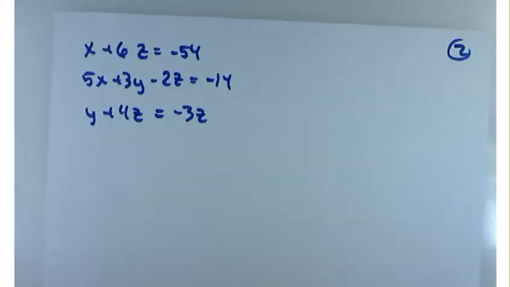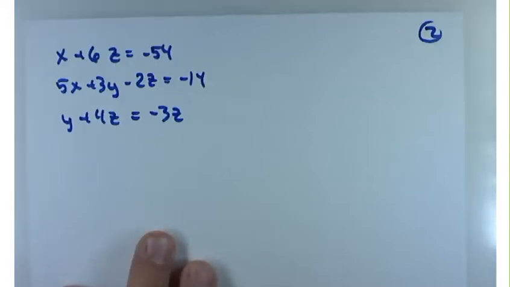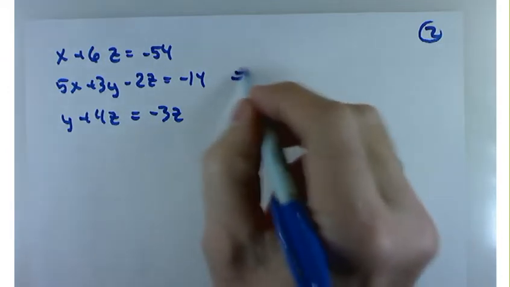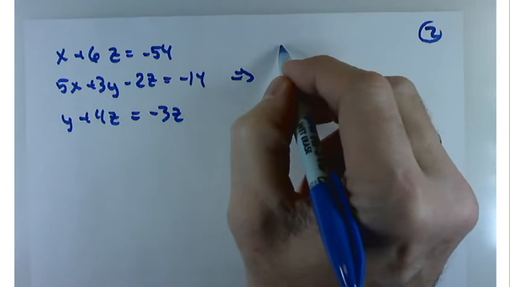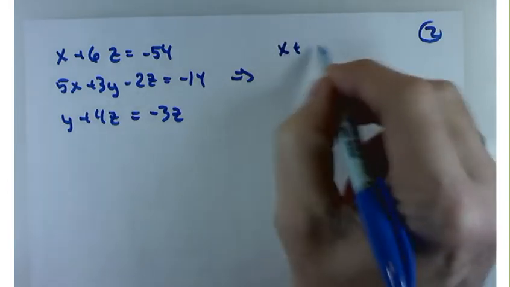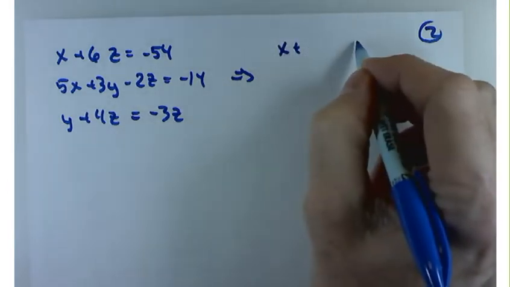Now, this one's a little bit harder than some of the ones that you'll see. And the reason it's harder is because a couple of these equations don't have a particular variable. They're missing. I would suggest you start this by rewriting it in a neater fashion. So write it as x plus, well, there's no y, so I'll leave a space there.